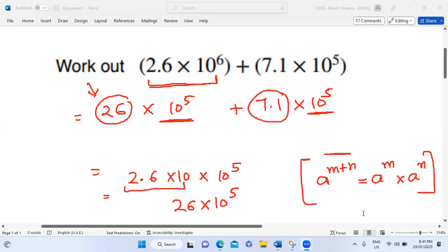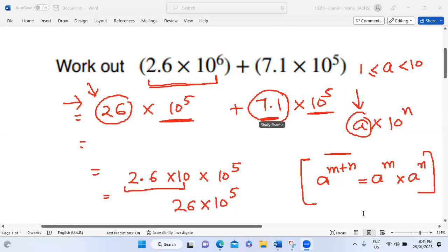When we give our final answer, when we write the standard form as A times 10 to the power n, you have to make sure that this A follows the standard form rules, meaning it should be less than 10 and greater than or equal to 1. But because this is an intermediate result, that is okay. Now 26 plus 7.1 is going to be 33.1 times 10 to the power of 5.